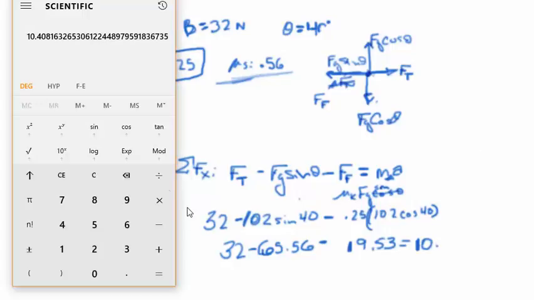What am I doing? Oh, yeah, duh. 102 divided by 9.8 is 10.4.